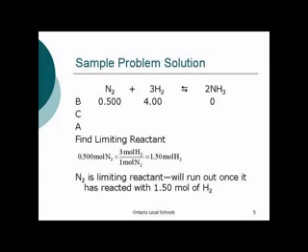So my 0.5 moles of nitrogen times the 3 moles of H2 over 1 mole of N2, the mole ratio, tells me that I need 1.5 moles of hydrogen to completely react the 0.5 moles of nitrogen. Well, I have 4 moles of hydrogen, so I have 2.5 moles more than I need to completely react the N2. So nitrogen, N2, is the limiting reactant. It's going to run out as soon as it's reacted with the 1.5 moles of H2. So I've identified my limiting reactant, it's nitrogen.